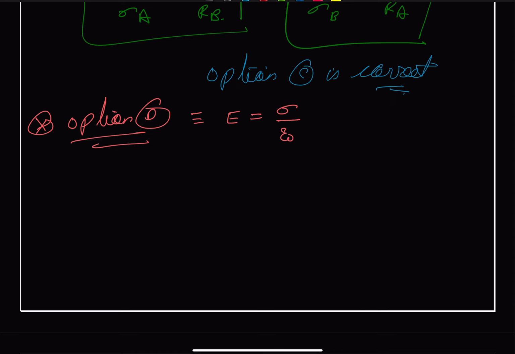We have to remember it. So we can say the electric field at A will be equal to sigma A upon epsilon naught, and the electric field at B is equal to sigma B upon epsilon naught.